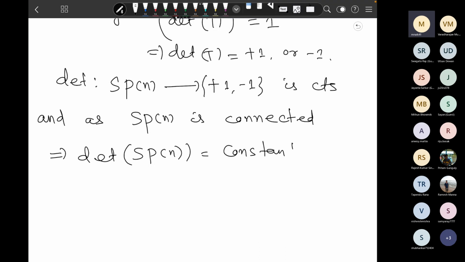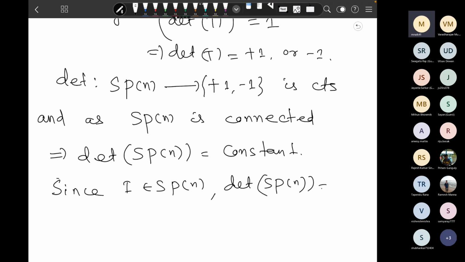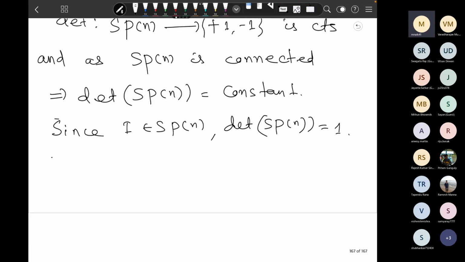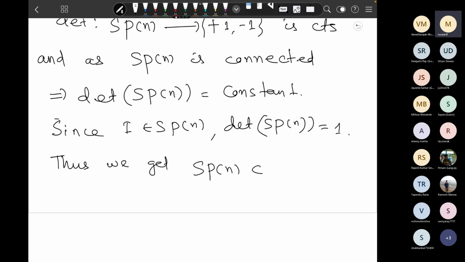Now since identity belongs to Sp(n), determinant on Sp(n) is equal to 1. So what I am getting, thus we get Sp(n) is contained inside SL(2n, C).